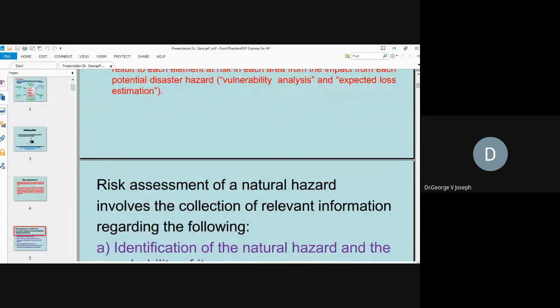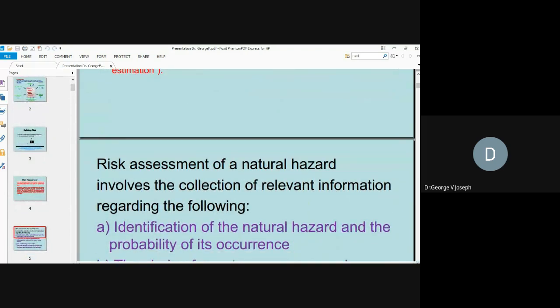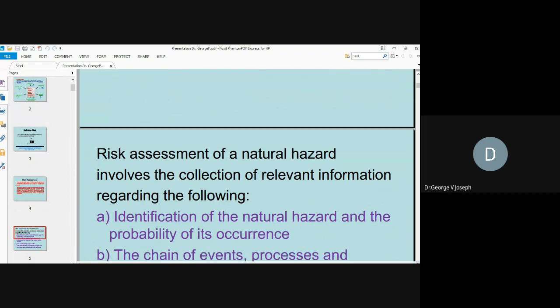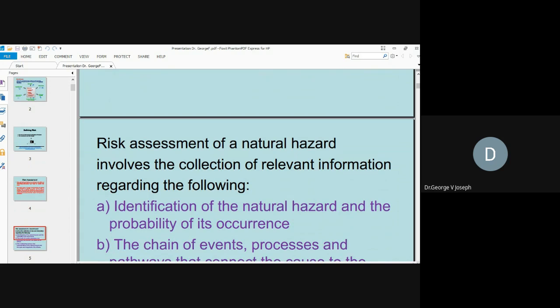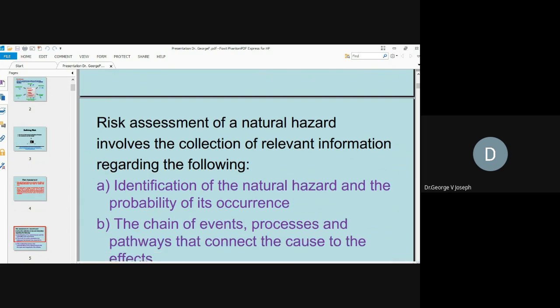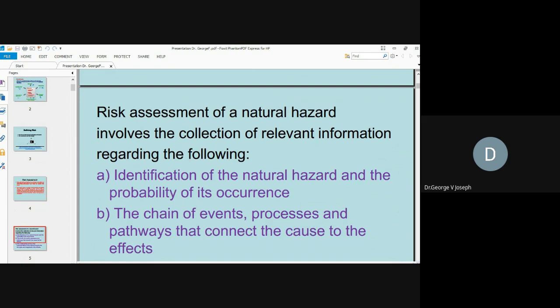In risk assessment, many a time we also have to do the identification of natural hazards and the probability of their occurrence. What types of hazards are there in your locality, and what is the frequency and intensity of these events? And what happens is the chain of events, processes and pathways that connect the cause to the effect.